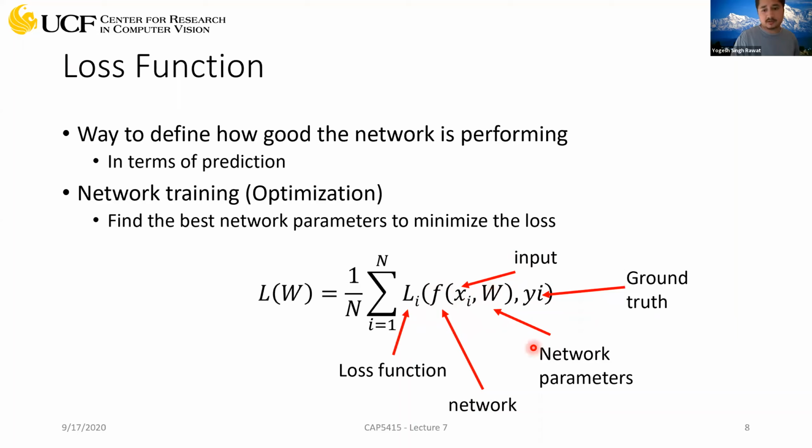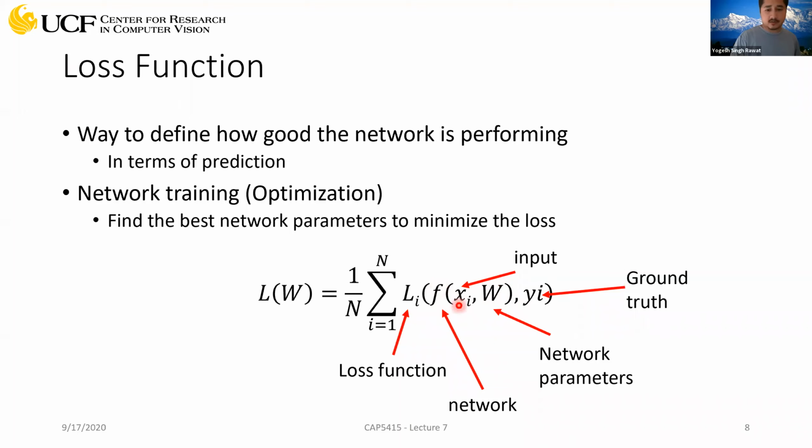We call these network parameters, and these parameters are all the kernels which you want to learn. So given some set of kernels and a given set of input, the network will make some prediction, right? That will be F of this image and these weights.